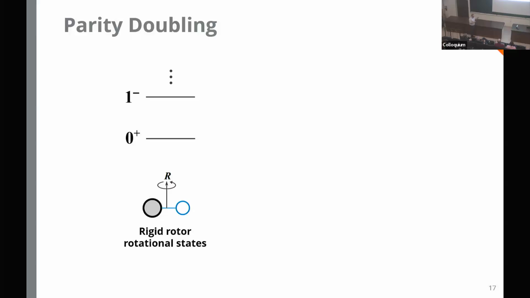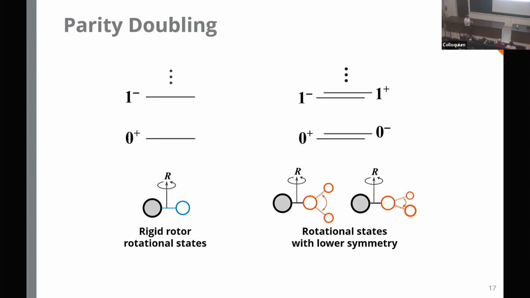If you lower the symmetry of the molecule, if you break the cylindrical symmetry of the molecule, you get a more complicated structure. For example, if you look at, say, a planar tetratomic molecule or a triatomic, which has a bending motion, which lowers the symmetry of the molecule, you now have access to two distinct moments of inertia in the molecule.